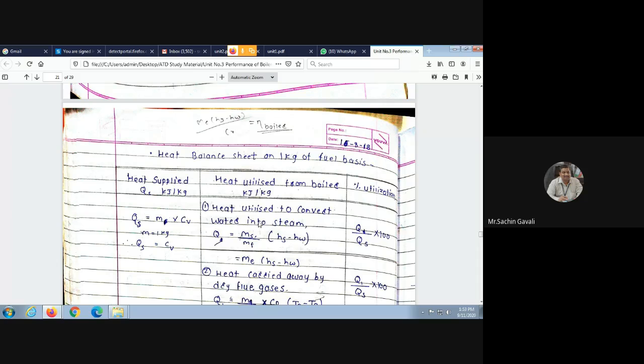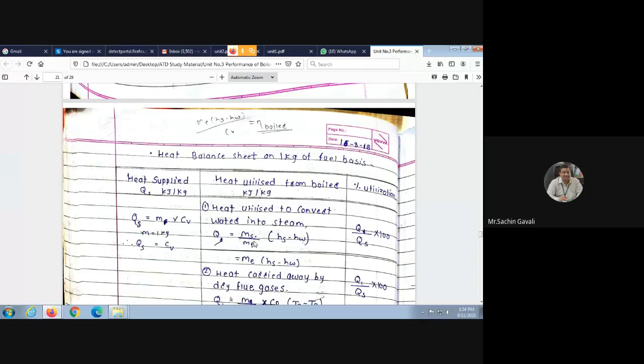As we are drawing the heat balance sheet on a 1 kg basis, in the heat utilized column on the right side, all the masses, mass of steam, mass of dry flue gases, we have to take per kg of fuel. So we have to divide each and every mass in the heat utilized column by mf.